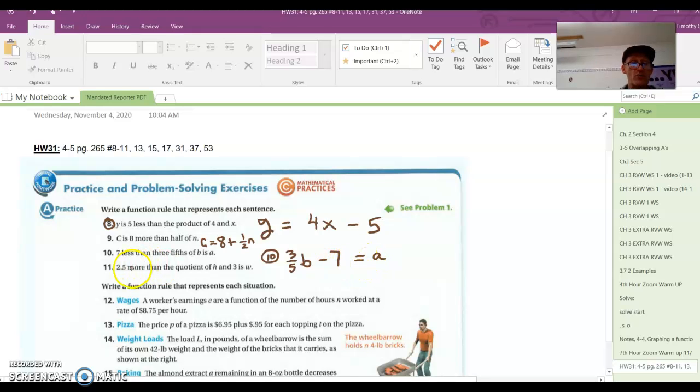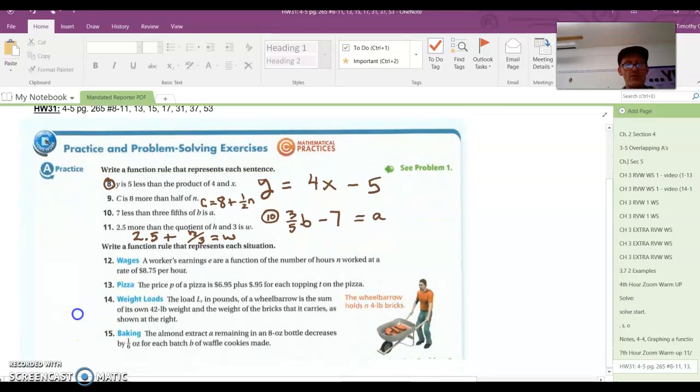Number 11, 2.5 more than the quotient of h and 3 is w. 2.5 plus the quotient of h and 3, which is h divided by 3, equals w. All right, not easy, but not impossible.